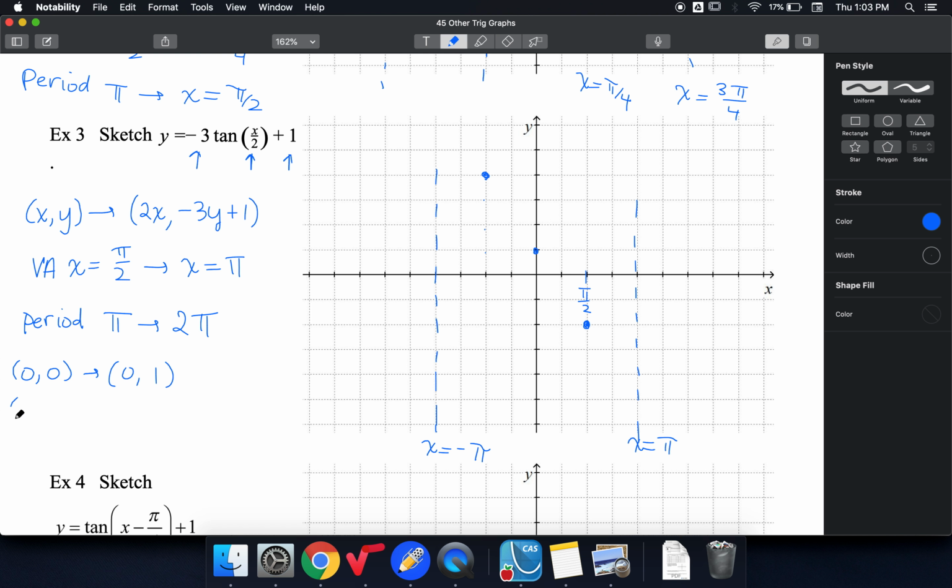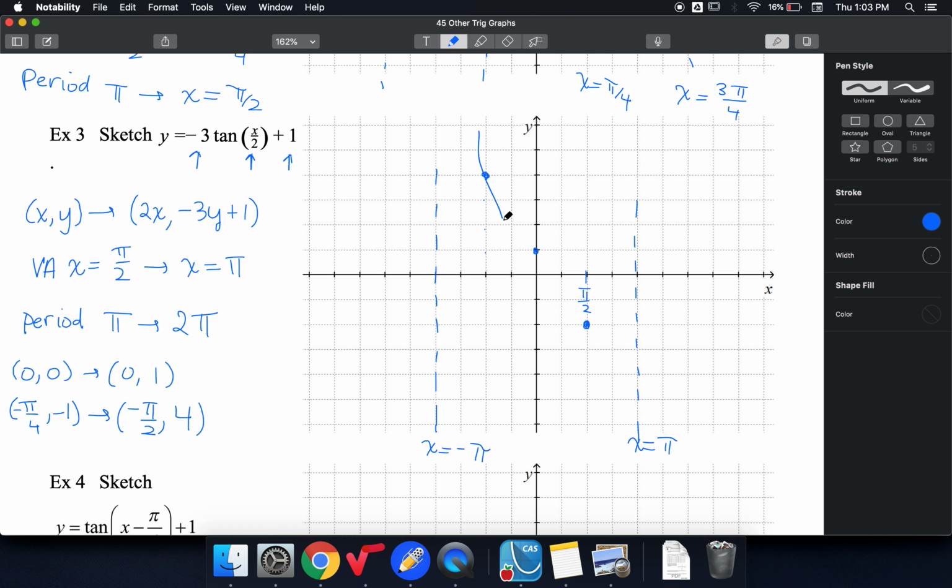If I want to check that, I just think to myself, normally I go through negative pi over 4, negative 1. Well, that's going to become, I'm going to double the x value, so negative pi over 2, multiply by negative 3, gives me positive 3, add 1, gives me 4. 1, 2, 3, 4 is where I ended up.